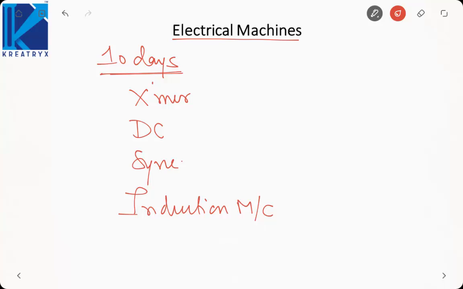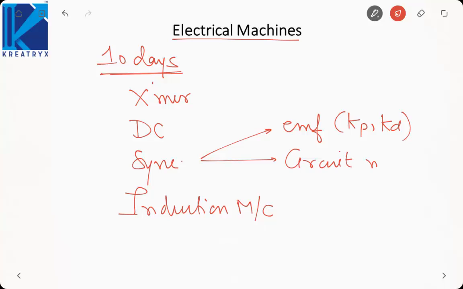Those you can leave out and just concentrate on the numerical aspects, which are your EMF equation, which involves Kp, Kd, Kw, then circuit model, then power angle equation and salient pole. These sorts of concepts you can prepare.